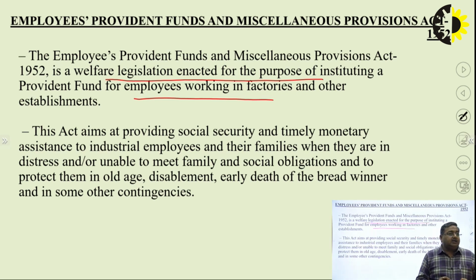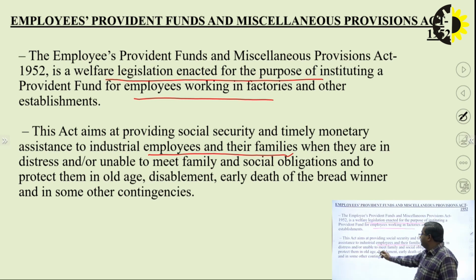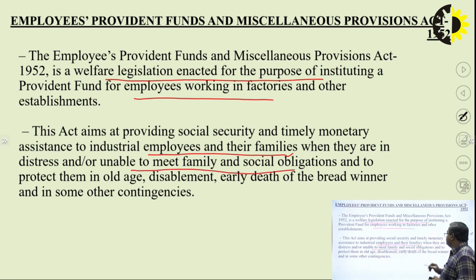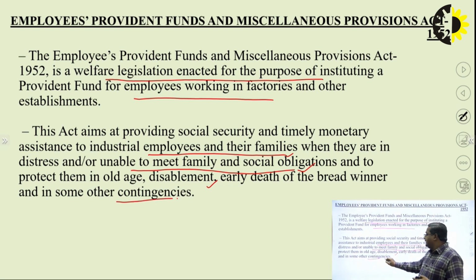This act aims at providing social security and timely monetary assistance to industrial employees and their families when they are in distress and unable to meet family and social obligations, and to protect them in old age, disablement, early death of the breadwinner, and in some other contingencies.